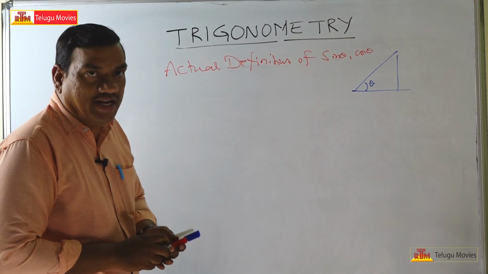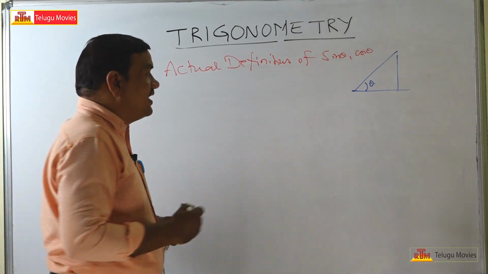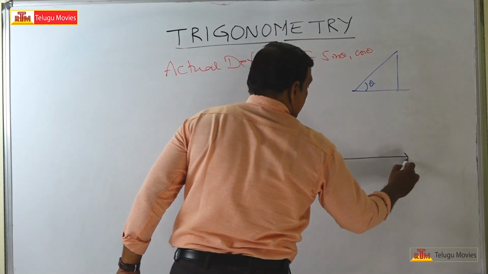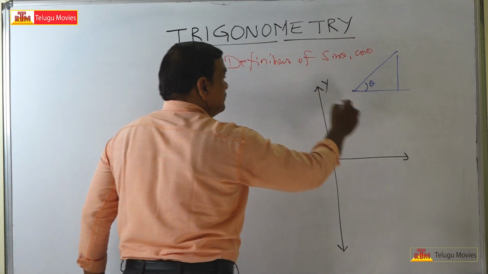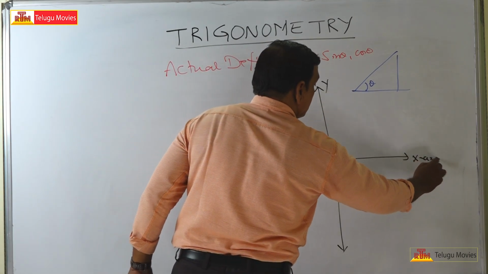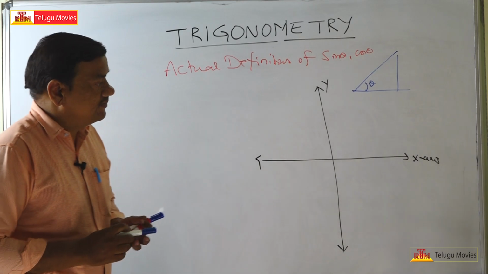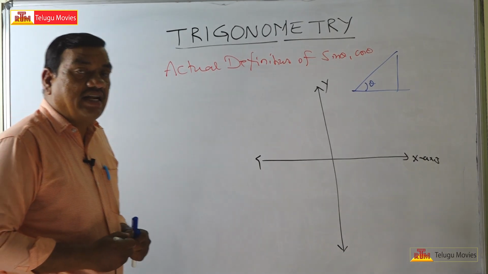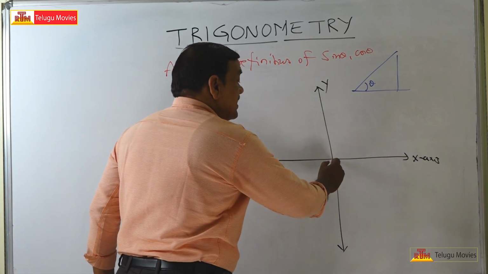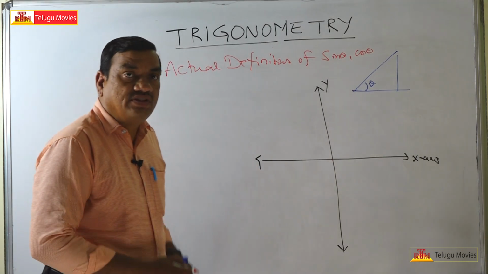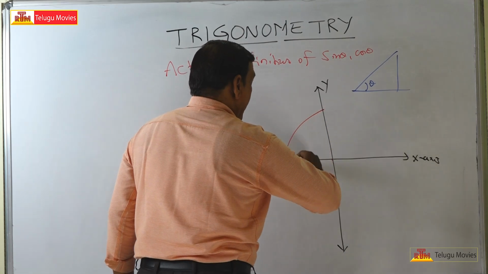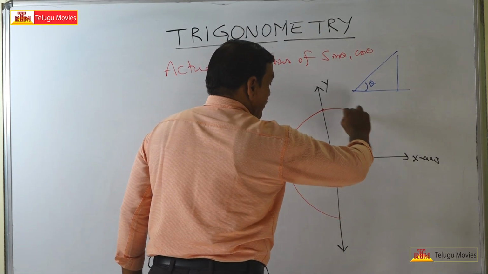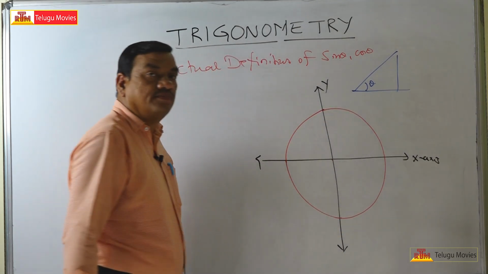So actually, let us take a two-dimensional system, x-axis and y-axis. It is the y-axis and it is the x-axis. Consider a circle whose center coincides with the origin and having some radius r.